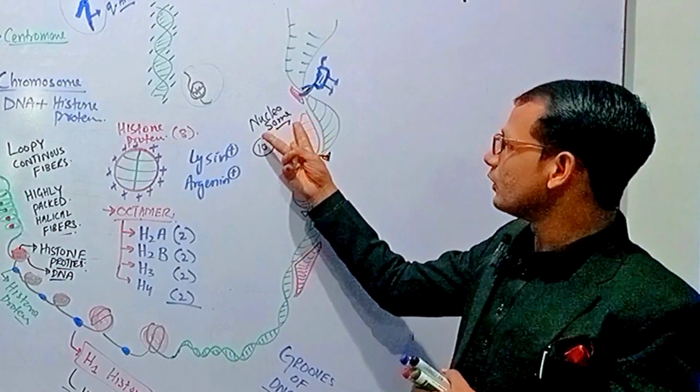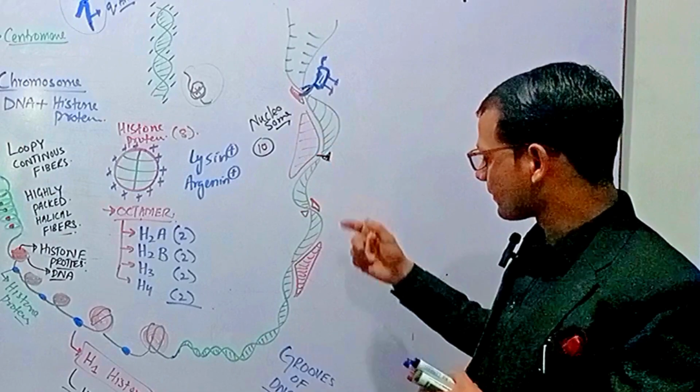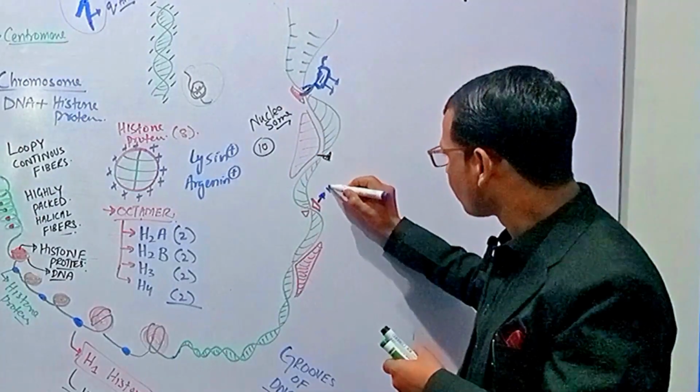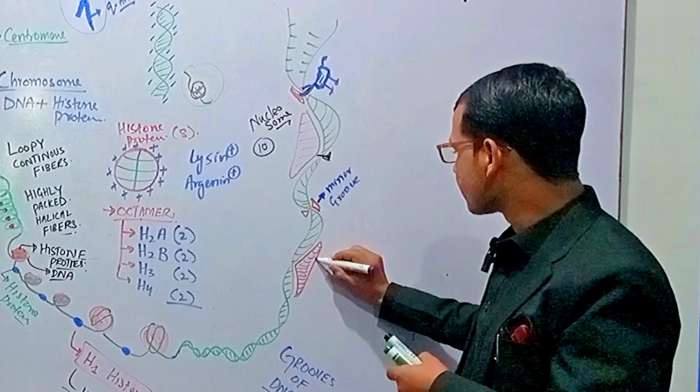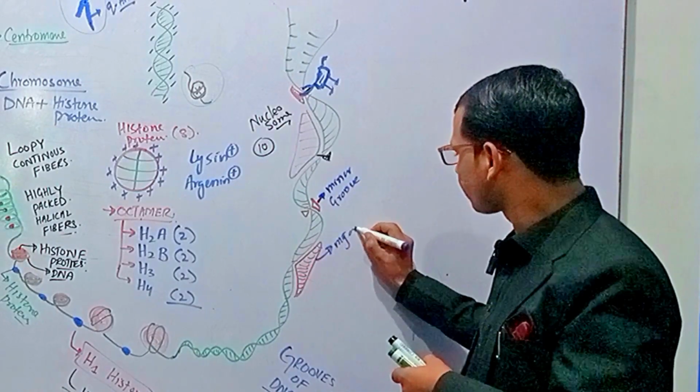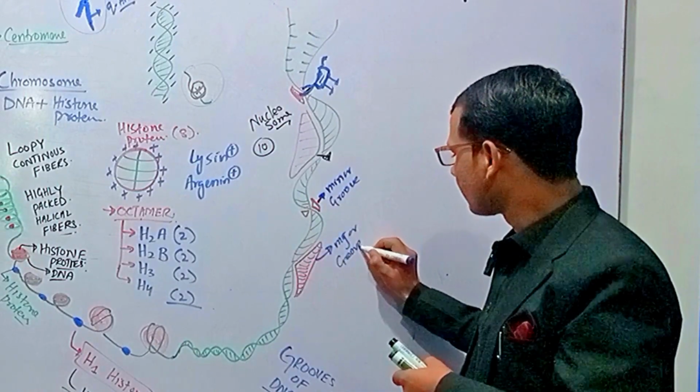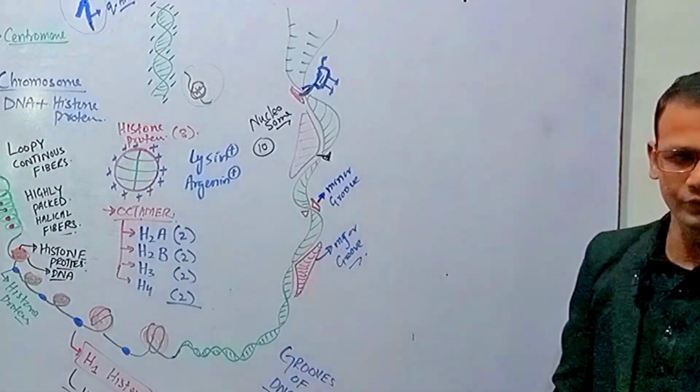So this is the nucleosome, this is the major groove and this is the minor groove, this is the minor groove and this is the major groove, right?